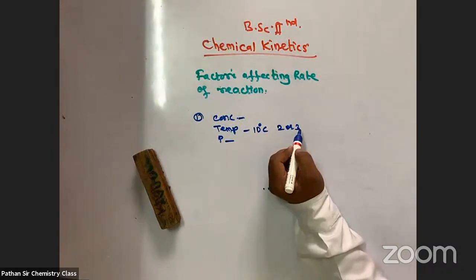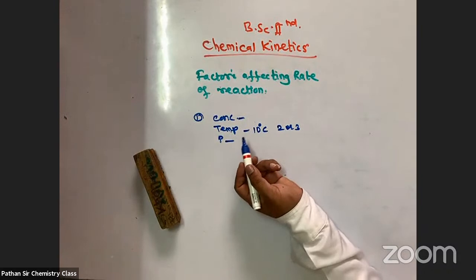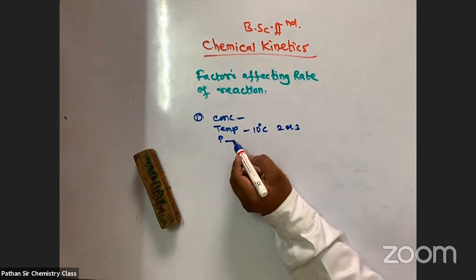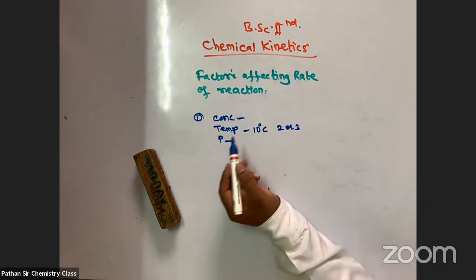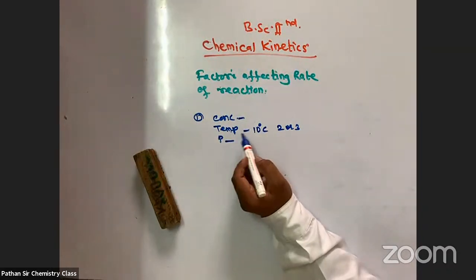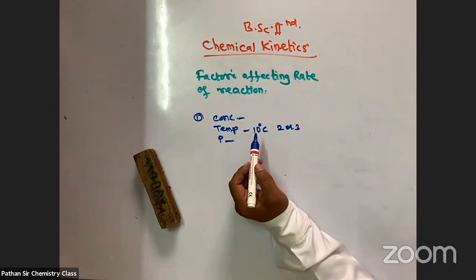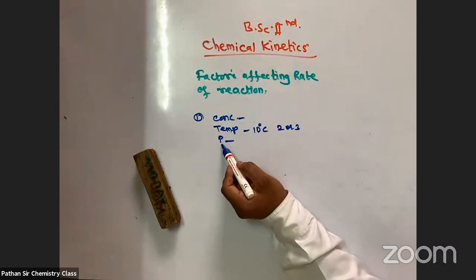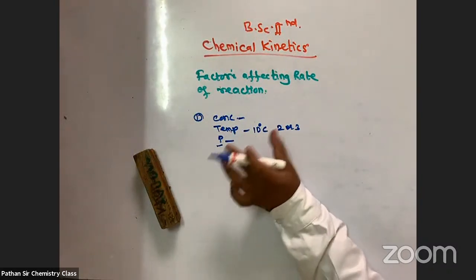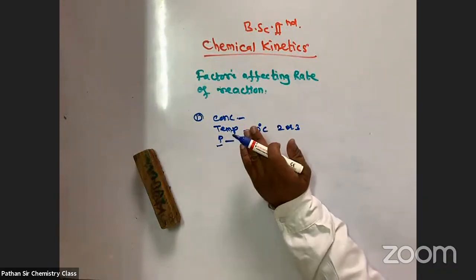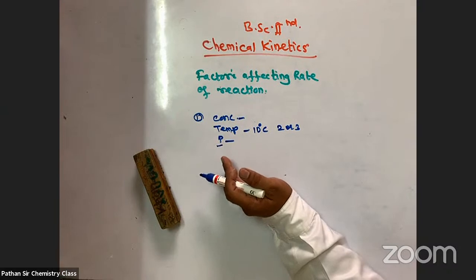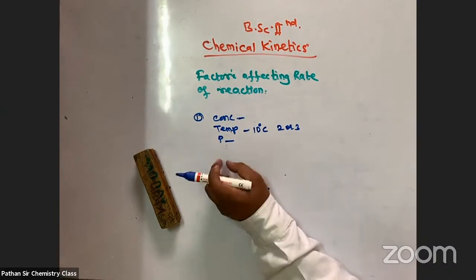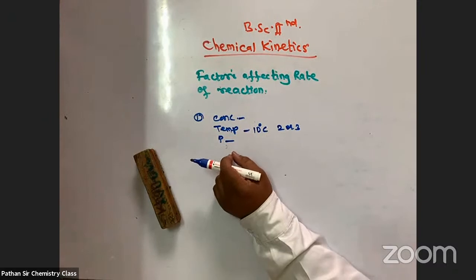In the same way with pressure, as the pressure increases, the rate of reaction also increases, because for a gaseous sample the concentration is expressed in terms of pressure. High pressure means high concentration of the gas, low pressure means low concentration of the gaseous sample. So pressure increases, rate of reaction also increases.